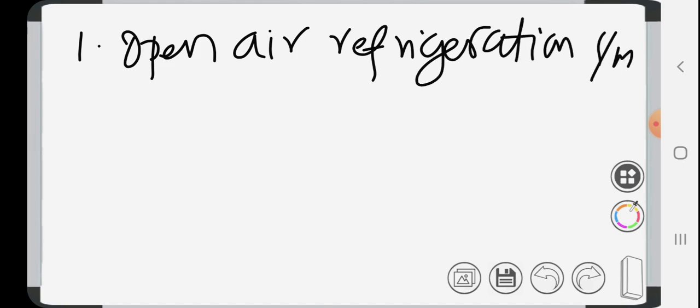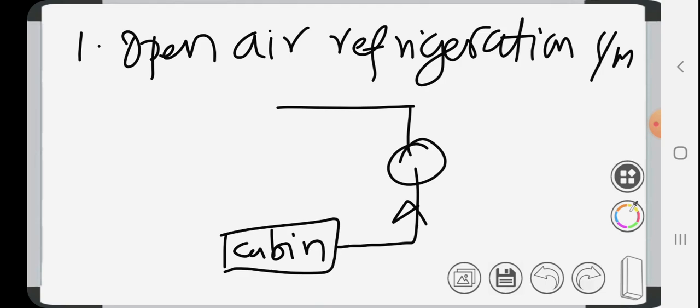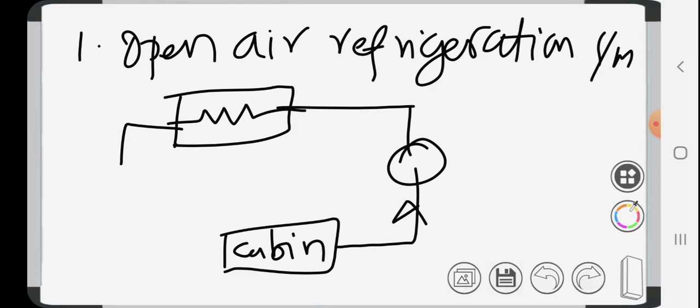In this system, you will have a cabin to be cooled, okay? Some compressor, cooler, expander. So this is expander.